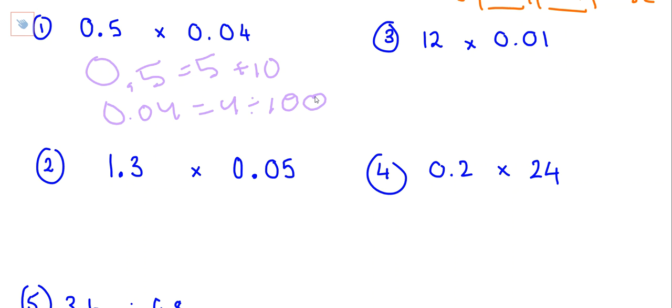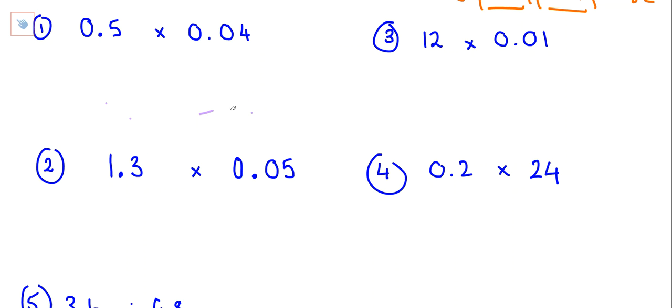Let me just rewrite that using what you've done to give more space. So you have written that 0.5 is equal to 5 divided by 10 and 0.04 is equal to 4 divided by 100.